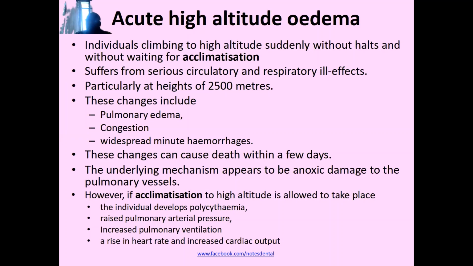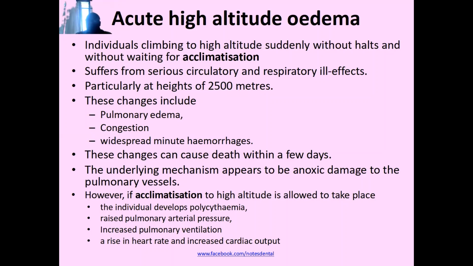Now, acute high altitude edema occurs in individuals who climb to high altitude suddenly without waiting for acclimatization. They suffer serious circulatory and respiratory effects, particularly at a height of 2,500 meters above sea level. These include pulmonary edema, congestion and widespread hemorrhage. These stages can cause death within a few days.